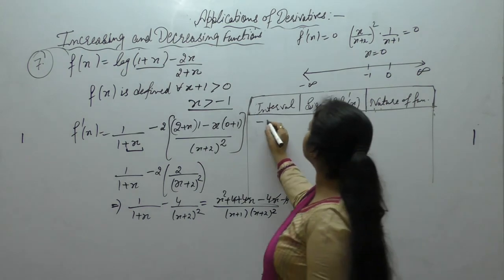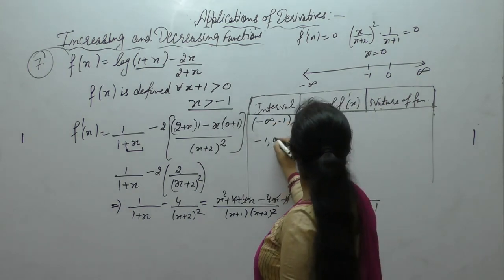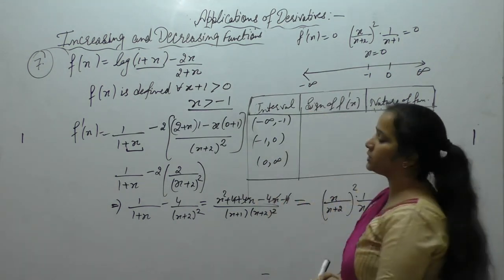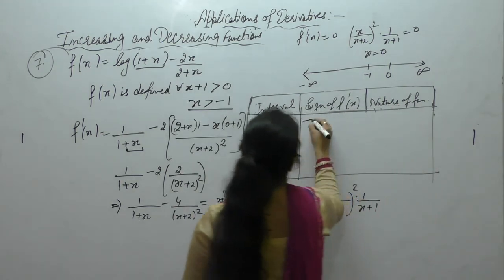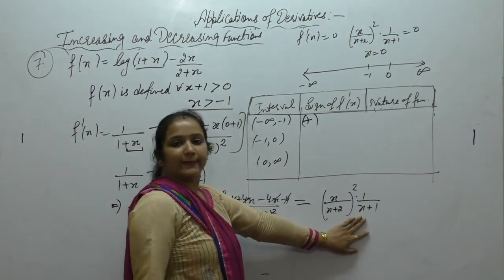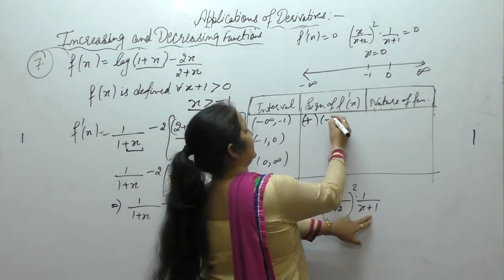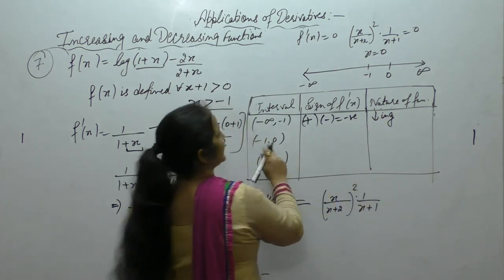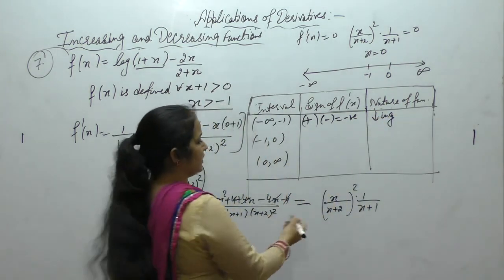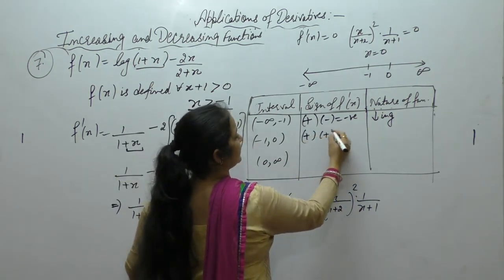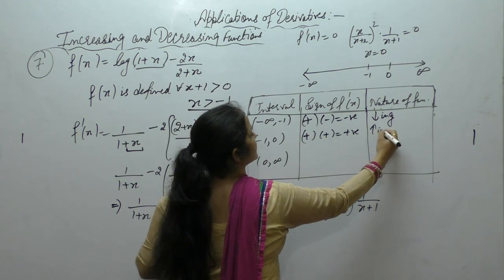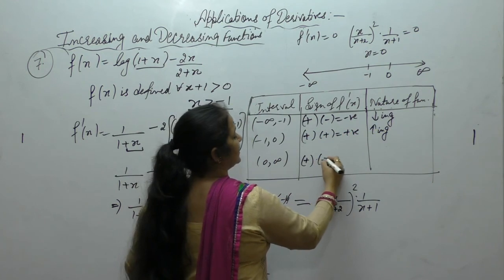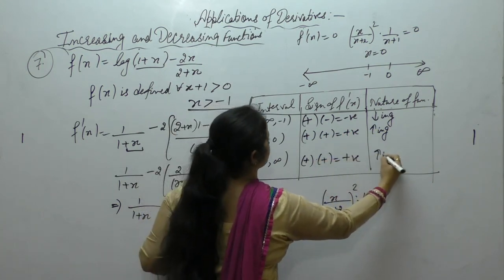Now check for the intervals minus infinity to minus 1, minus 1 to 0, 0 to infinity. Minus infinity to minus 1, whole square will always be positive. Let the number be minus 2. Minus 2 plus 1, negative here. Negative means function is decreasing. Minus 1 to 0, take 0.5. 0.5 plus 1, whole square is positive. Positive means function is increasing. 0 to infinity, let the number be 2. Whole square positive, and this number is also positive.